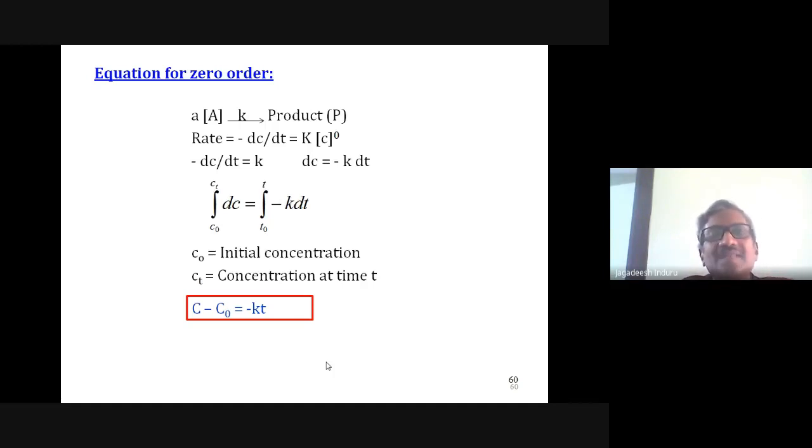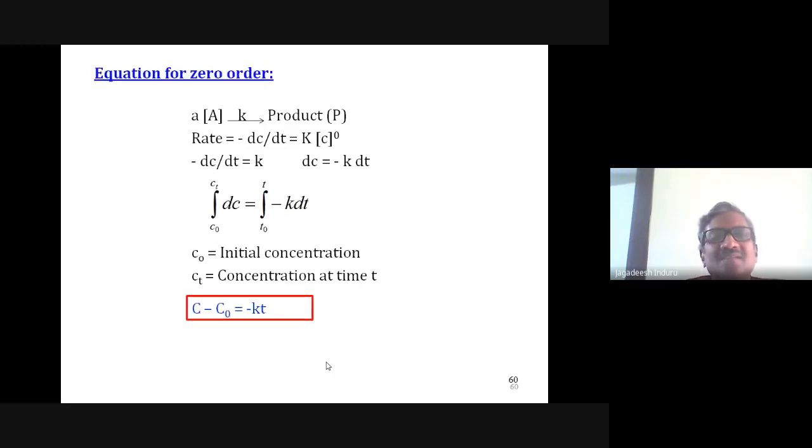In this particular case, a reactant A is converting into a product P with a rate constant k. If you take the rate, the change in concentration with time, because it is zero order, is equivalent to concentration to the power of 0.